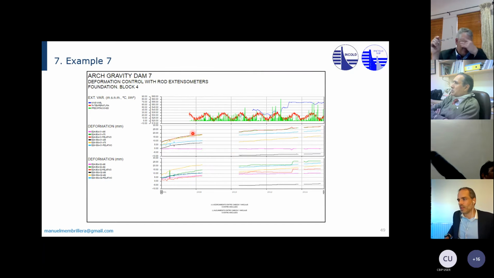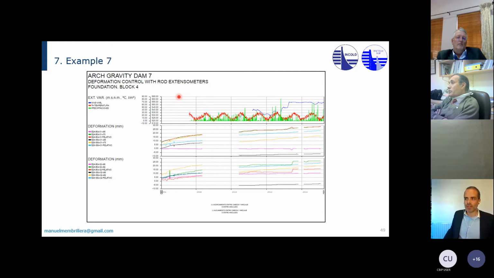During these years nobody was there to measure, so no information, but you can see how beautiful and wonderful the foundation is deforming with the weight of the dam.